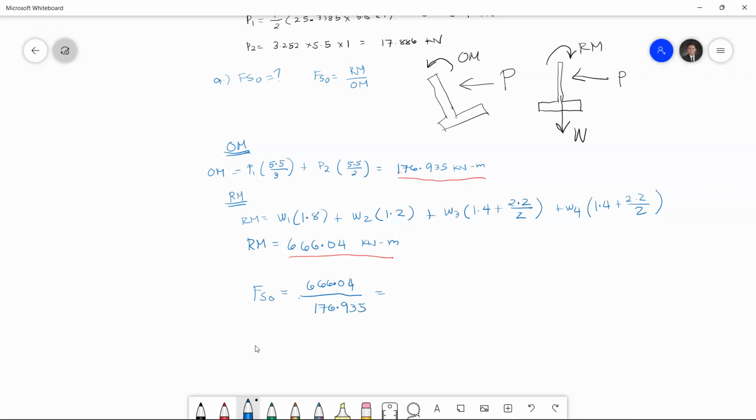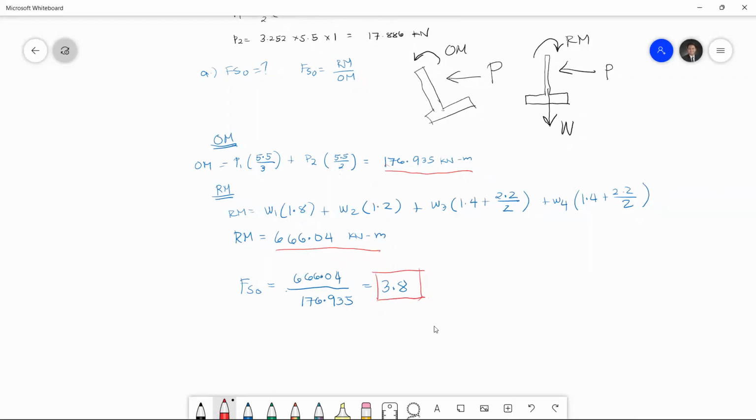That is equal to 3.76, so let's say 3.8. Okay, so that will be our answer for problem A.